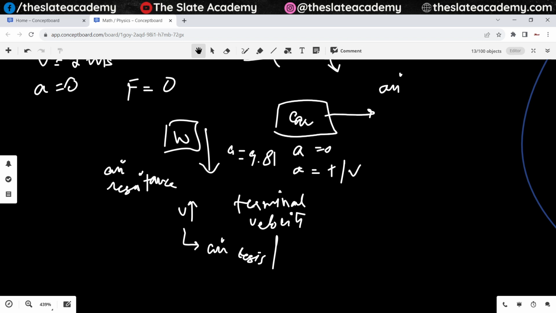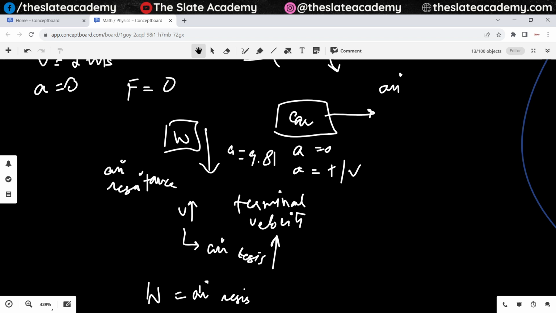So air resistance is a force, and this force acts as a counter to the downward weight. When it counters the downward force, it does not immediately nullify it, right? So as the body keeps gaining velocity, the air resistance keeps increasing until weight is equal to air resistance.